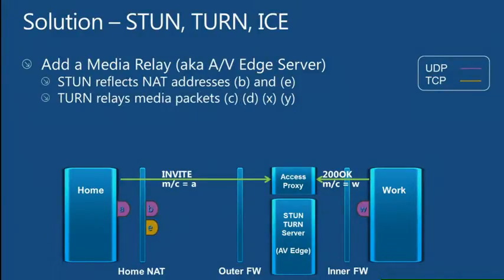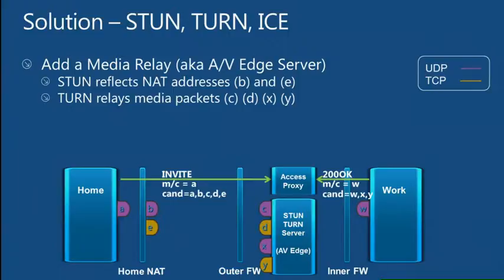Then there's a second functionality. It's the TURN. The TURN is really a relay working as a proxy. The STUN might already help me to establish a direct connection to my client. But in this case, having the work user behind firewalls, even if I know my own public IP address, the other user will never be able to connect to this IP address.